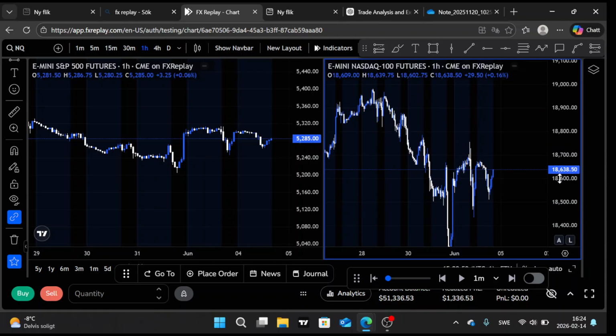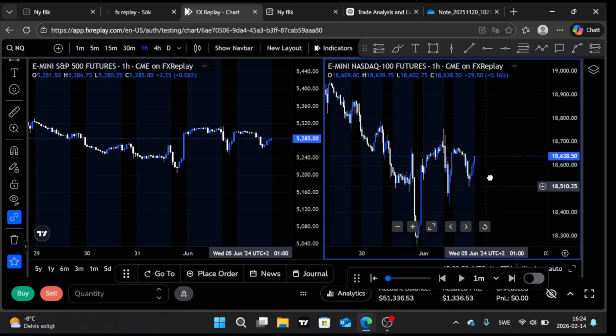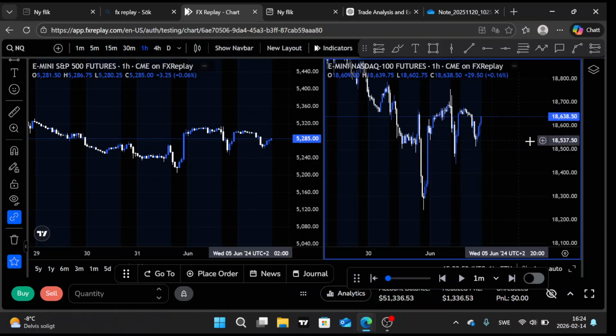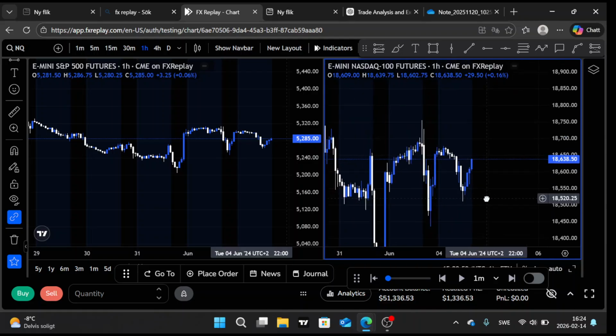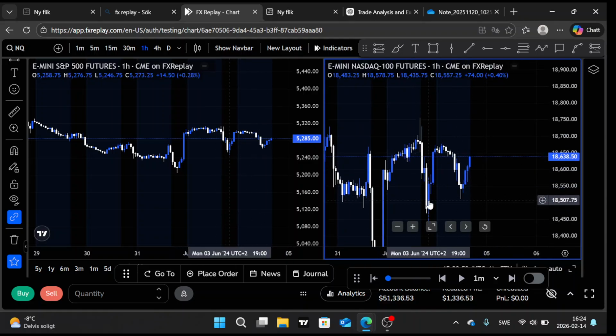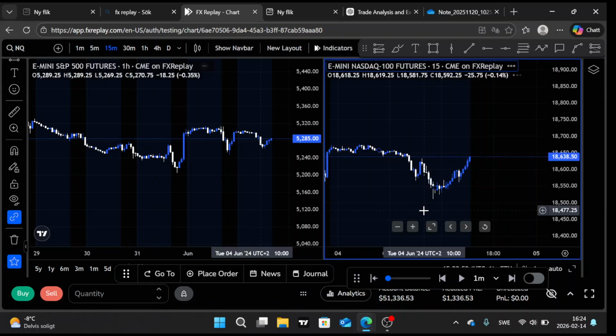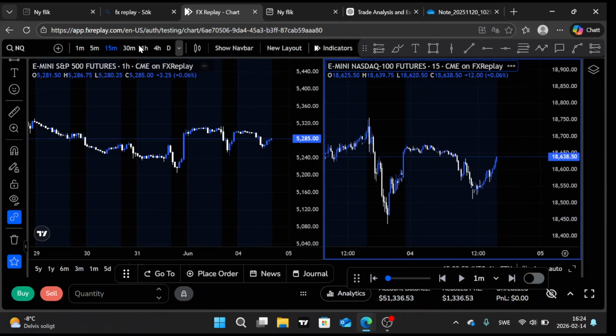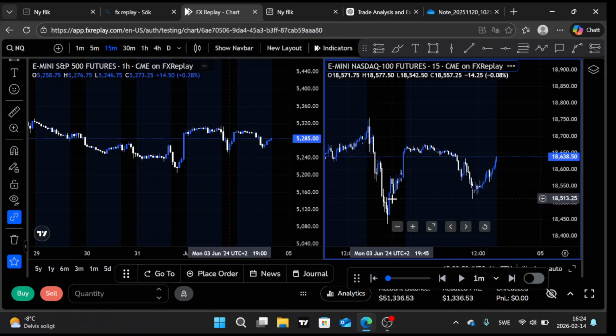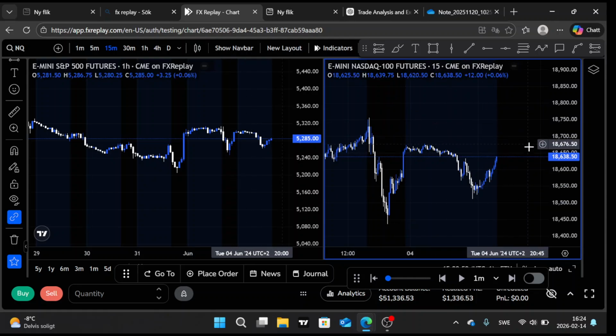So guess what we're going to do here? I think exactly the same thing. We go back lower to this Friday gap, maybe on the 15 minutes, and we tap to this Friday gap and move higher.